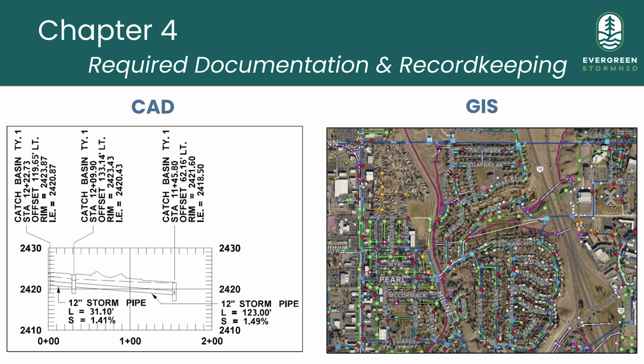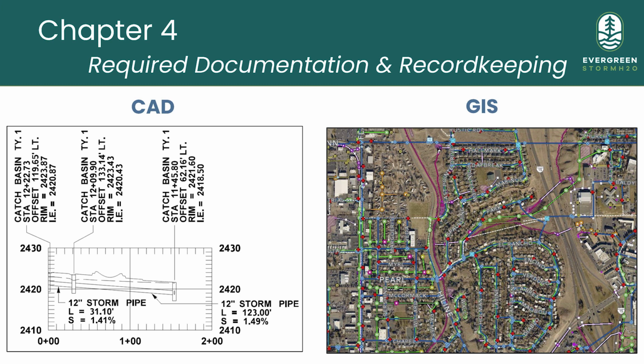So as you can see here, when you're looking at these different features, you have different utilities here, but the symbols all pretty much look the same. So it's more represented often as like a point versus in CAD, you have something that has dimensions that more accurately represents the feature that you're talking about, whether that's a pipe, a catch basin, or a BMP. There are other benefits also to using GIS.